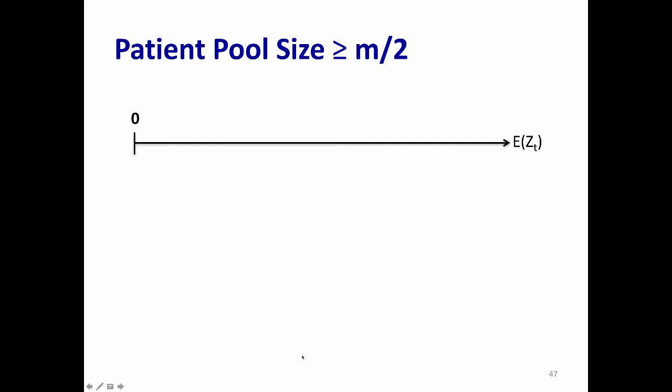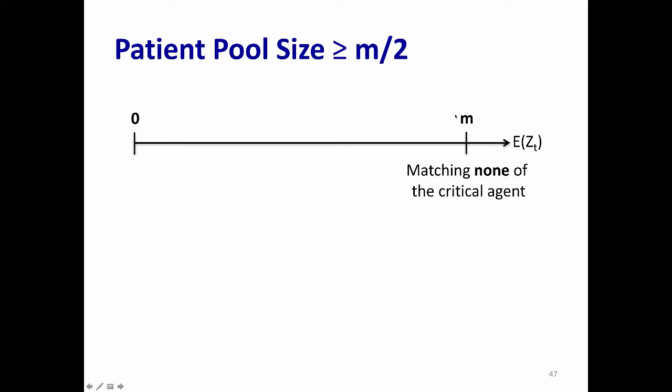Now, for the patient algorithm, I'm going to use a very, very intuitive argument, which is the following. Suppose the planner does not match anyone. Well, what will happen? If I do not match any agents, agents arrive with rate m, each agent departs with rate 1, so the steady-state size of the market, how many agents I have in the market, should be m, because then the departure rate, which is m, would be equal to the arrival rate, which is m.